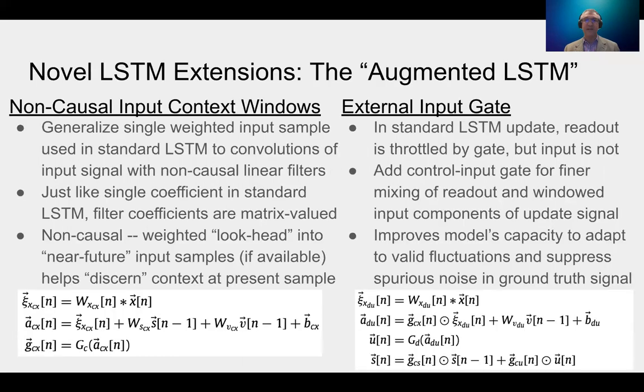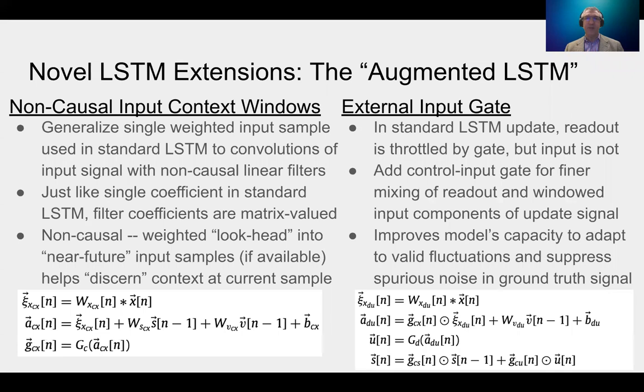Over the years, a number of variations of the LSTM architecture have been introduced as a means of achieving certain objectives. We propose two novel extensions to the LSTM system: the non-causal input context windows and the external input gate.